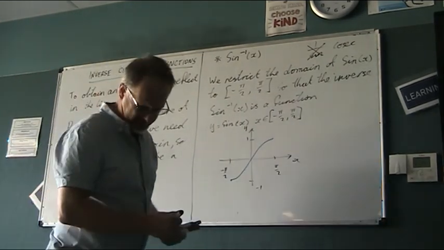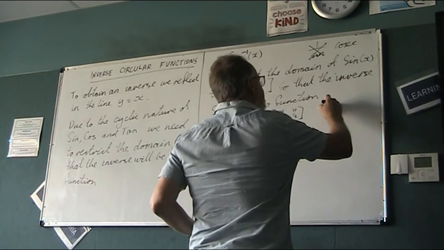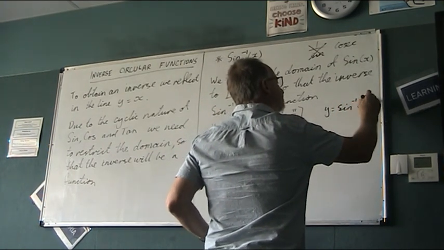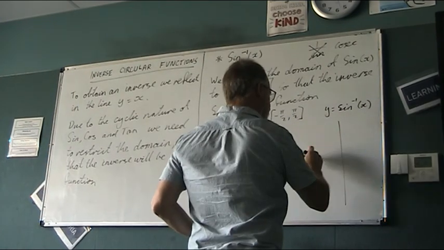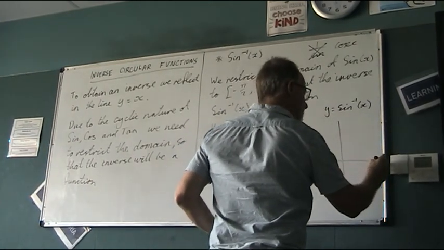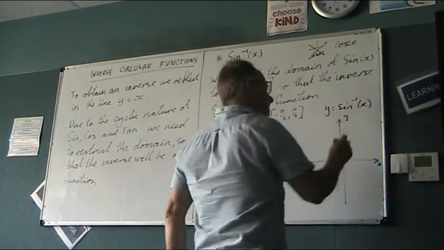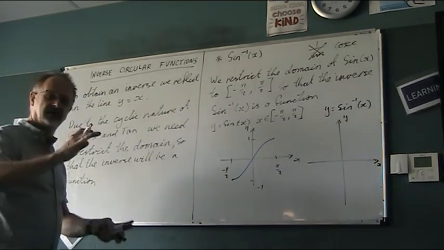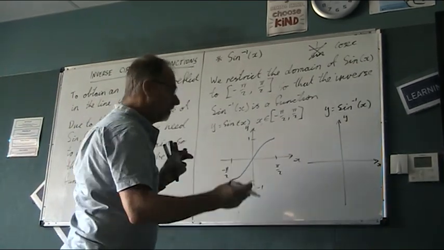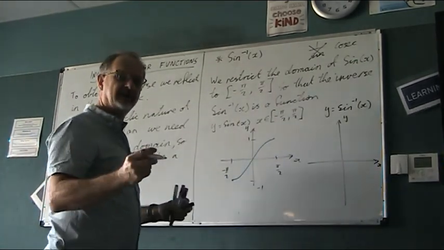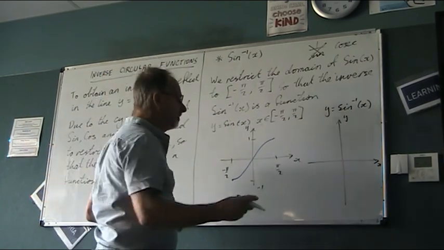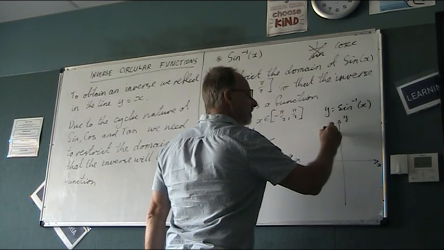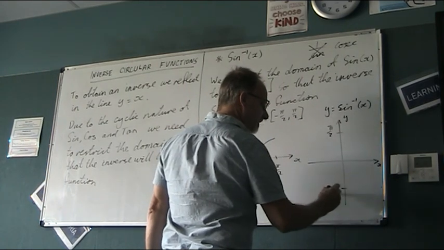And I'm going to squeeze over here the inverse. So with the inverse, what's the other thing other than reflecting in the line y equals x? What else could we do? Swap the y and x, yes? Yep. So this point pi on 2, we have pi on 2 up here and minus pi on 2 down here.